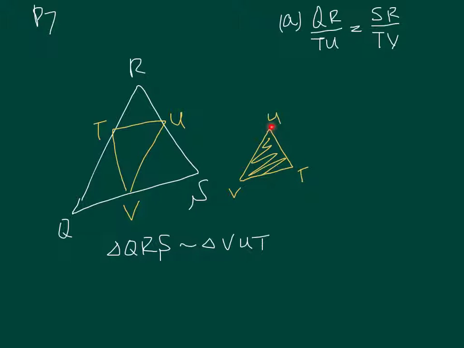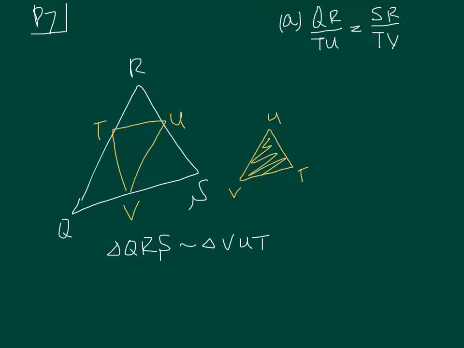Is it equal to SR divided by TV? QR doesn't really correspond to TU, and SR doesn't correspond to TV. So this should be incorrect because you're not going to get the same thing.